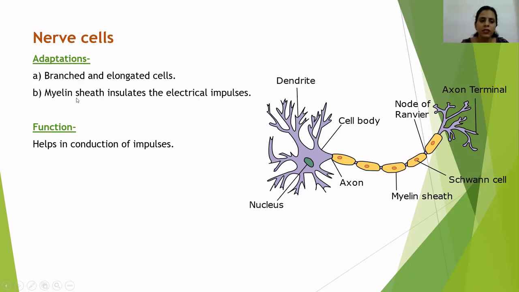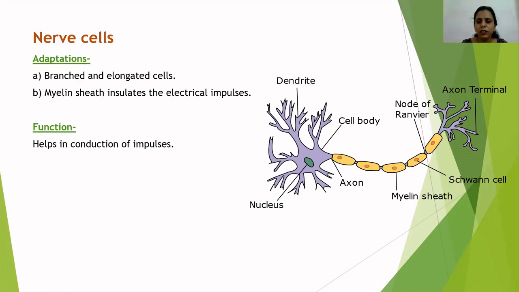Apart from this, if you look here, this entire yellow colored portion, which is called the axon, is actually covered with a particular sheath. Okay, it is covered with a particular layer. This layer is made up of fats and proteins, and this layer is known as the myelin sheath. Here it is, the myelin sheath. So this myelin sheath actually insulates the electrical impulses.